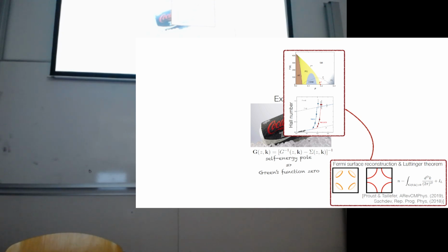But even so, what I want to say is that these small ellipses are too small. They don't satisfy Luttinger's theorem. Another way of seeing it other than ARPES is, for example, the Hall coefficient, the Hall number.